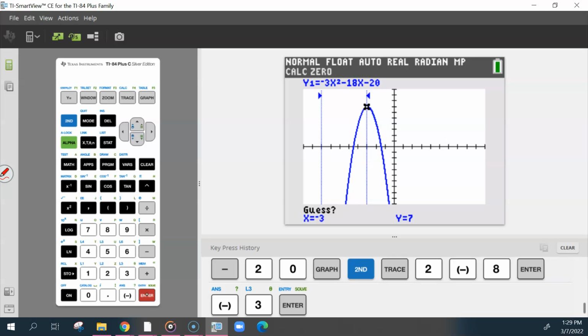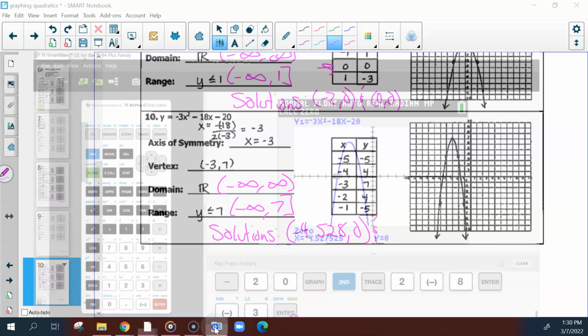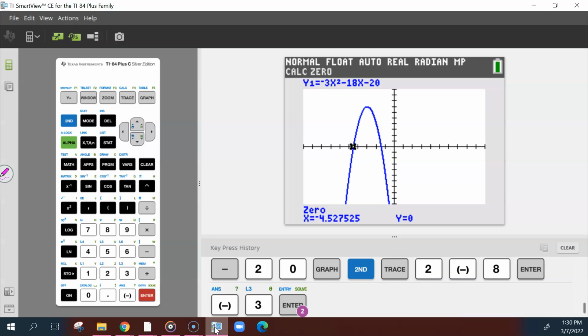And then I have boundaries, so hit enter. Negative 4.528. And probably negative 1.5.